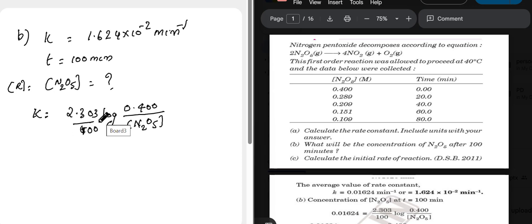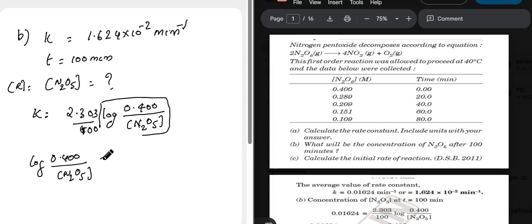So now how do you find it out? This value we have, so just make this term alone here. So log of 0.400 by the concentration of N2O5 is equal to 100 into K's value; the 2.303 transposed and went to the denominator. 1.624 into 10 raised to minus 2 divided by 2.303.